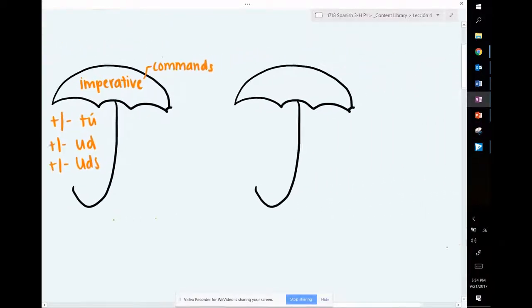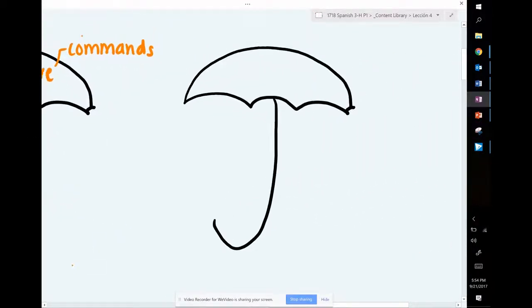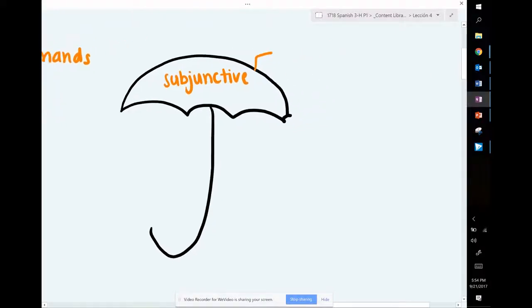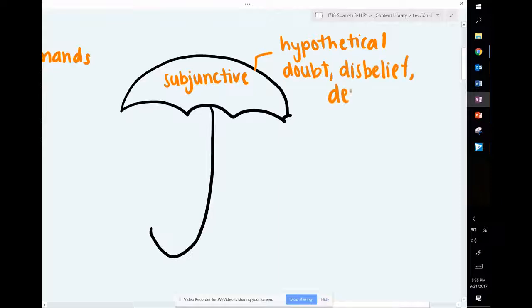And lastly, we have the subjunctive. The subjunctive is used to express hypothetical situations, doubt, disbelief, and denial.